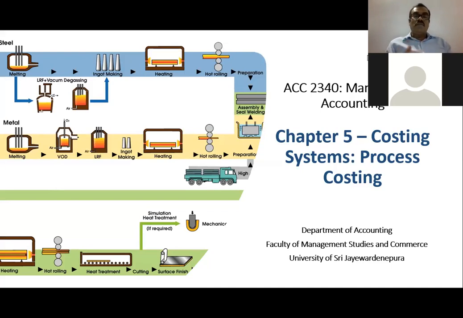So what is meant by a process is a collection of actions. Even a small buying and selling or manufacturing, irrespective of its sophistication, has a process. Even in job costing, there is a production process.